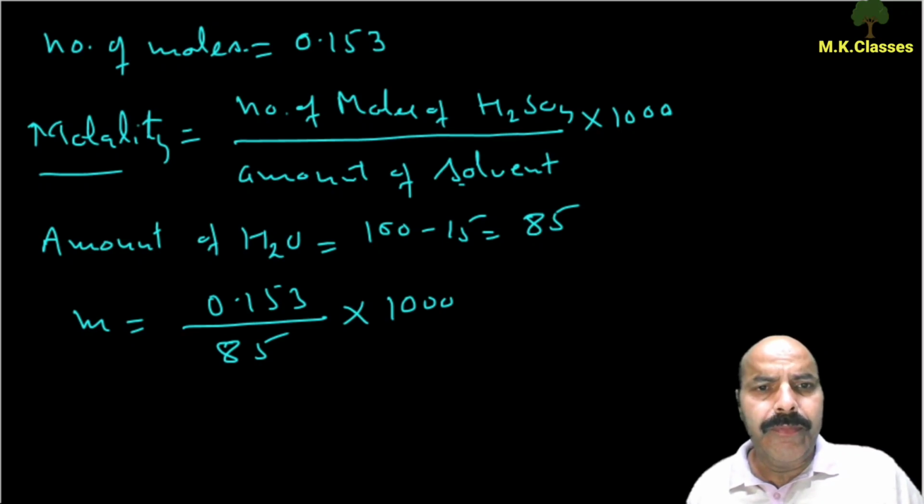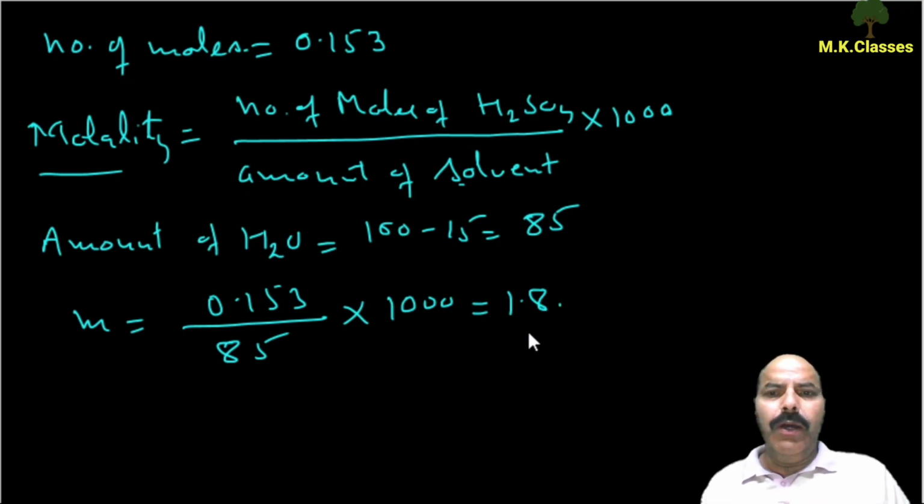So here it's 0.153 divided by 85 into this 1000. Is that clear? That is equal to 1.8. So its molality here is 1.8. Now we have to calculate the molarity.